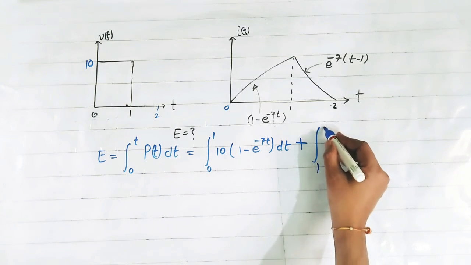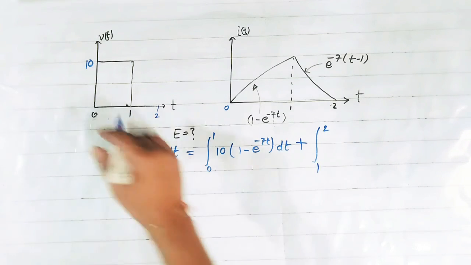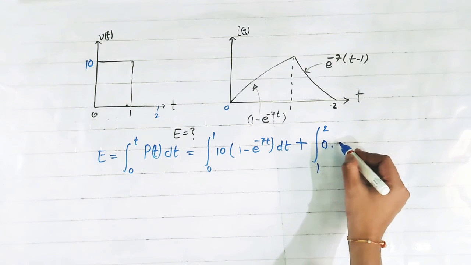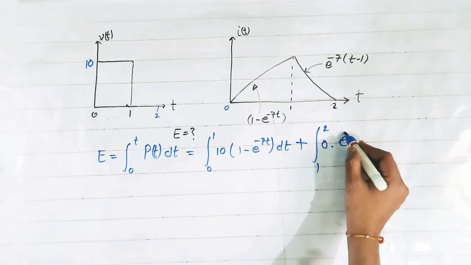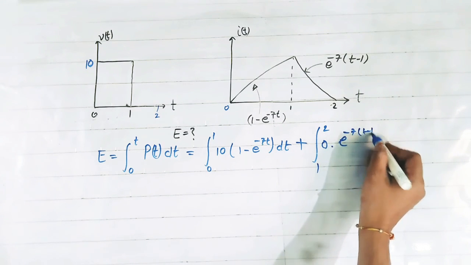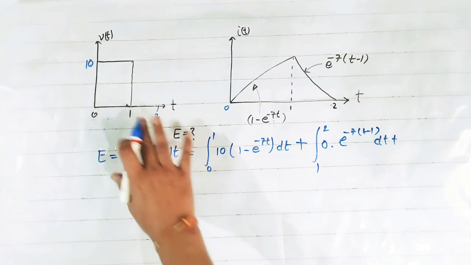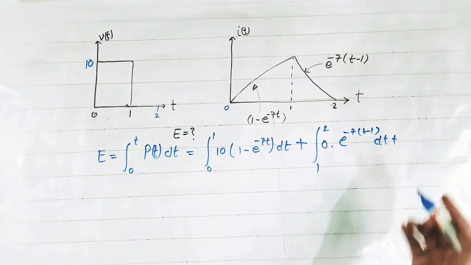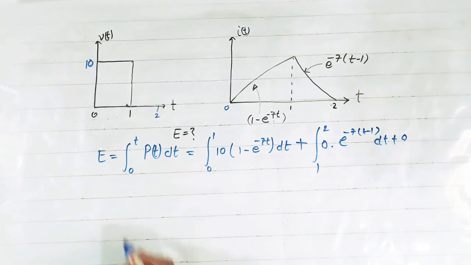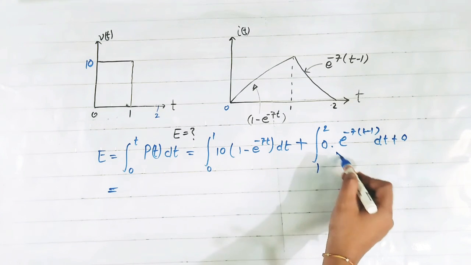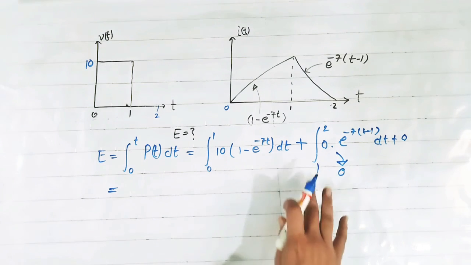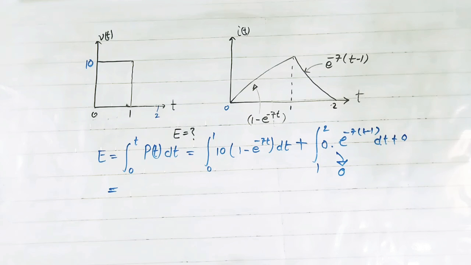From 1 to 2 the equation of voltage is 0 and the equation of current is e to the power minus 7t minus 1, dt. After that, both current and voltage are 0, so plus 0. So now energy E is simply, this is 0 into e to the power minus 7t minus 1, equal to 0.